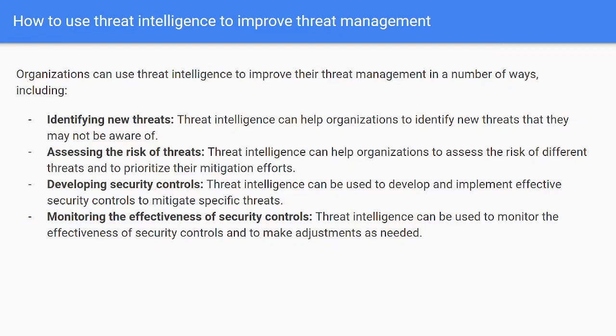So you're assessing the risks. If I deal with finances, I know that most of my threats will be coming from internet fraud, phishing. If I'm dealing with, let's say, fashion, I know that my threat will be something else. So you have to be assessing the risks of the threat.